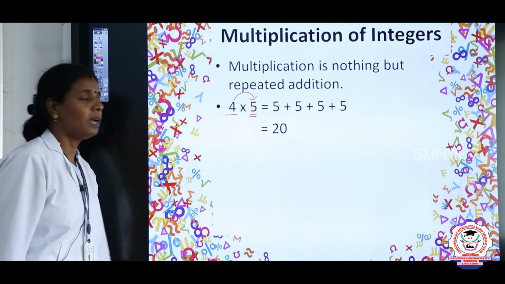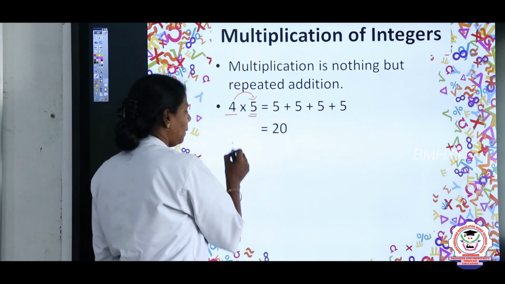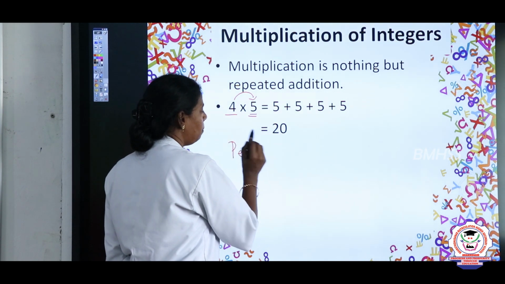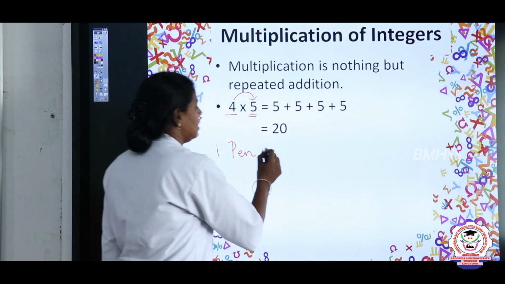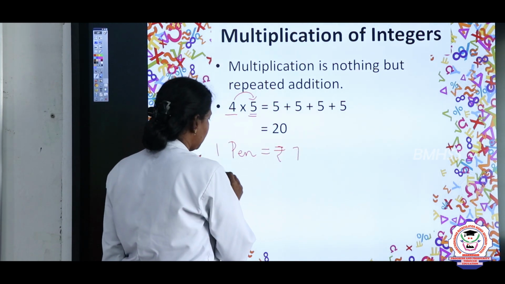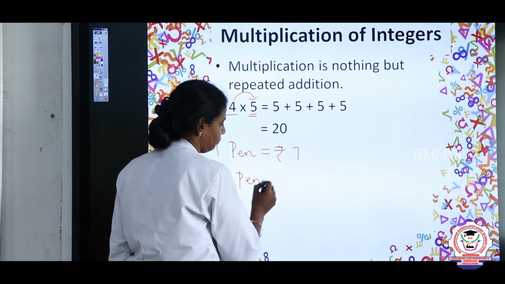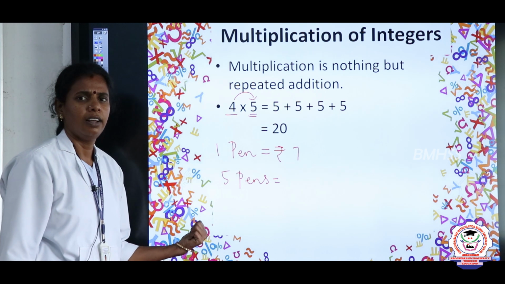Where will we use multiplication in our day-to-day life? When you are going to buy a pen, the cost of one pen is rupees 7 and you are going to buy 5 pens. What will be the cost of 5 pens?